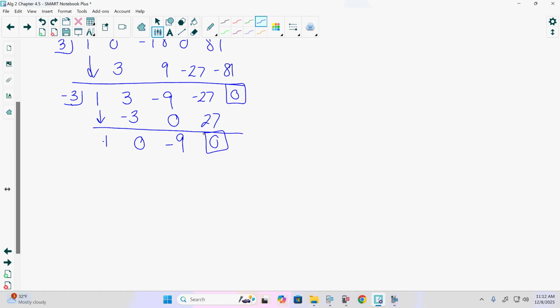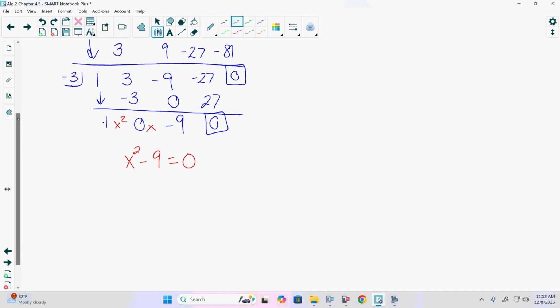Now at this point, if we didn't know the other two solutions were possibly 3 and -3, we could actually just start solving here, because what we've got now is a quadratic. We have x squared plus 0x minus 9, or it's just x squared minus 9. We can factor this because it is a difference of perfect squares, or we can use the square root method.